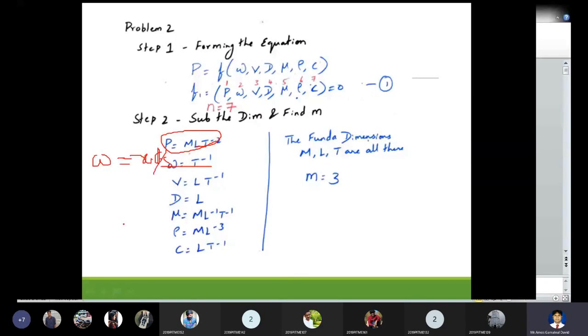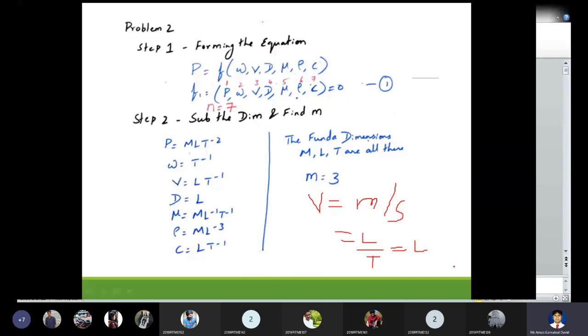So 1 by second will be equal to 1 by T, which is T power minus 1. That's what is written here. Velocity, V is equal to meter per second. So meter is L, per second is T, so L T power minus 1.